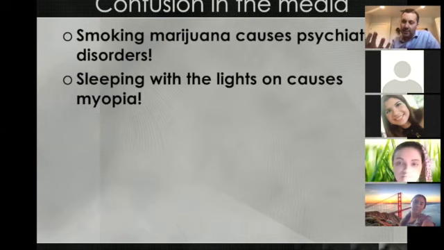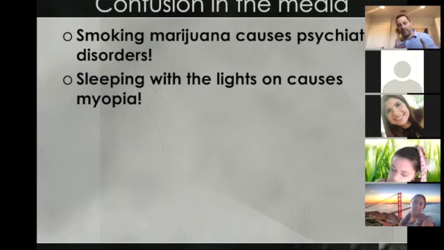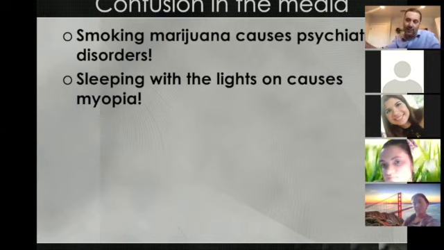Myopia tends to be genetic, so if a kid has myopia, that means they probably inherited it from one of their parents. So kids with myopia tend to have parents with myopia. And parents with myopia tend to like to leave the lights on when their kids are sleeping, so that if the kid wakes up in the middle of the night, they can easily see when they go into the room to try to comfort the child. Right? So parents who have myopia are our third variable.